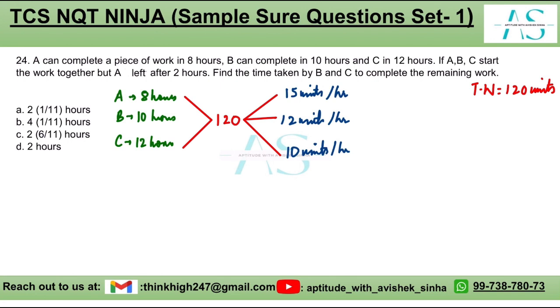All right. Now, let's proceed with the information in the question. A, B and C all worked for 2 hours. Then A decided to leave. So in 1 hour they can finish 15 plus 12, that is 27, plus 10, 37. 37 into 2 is equal to 74.